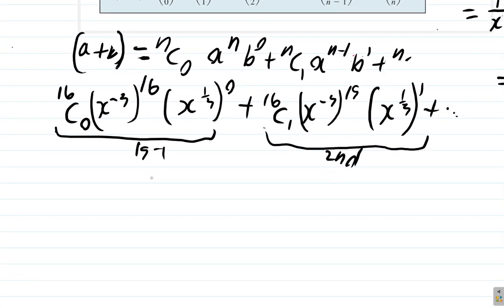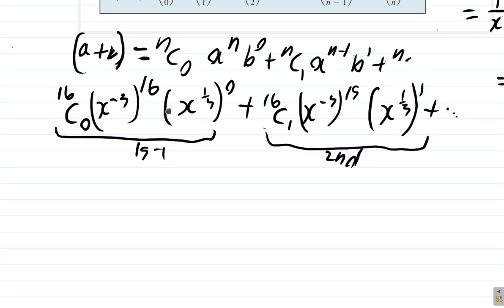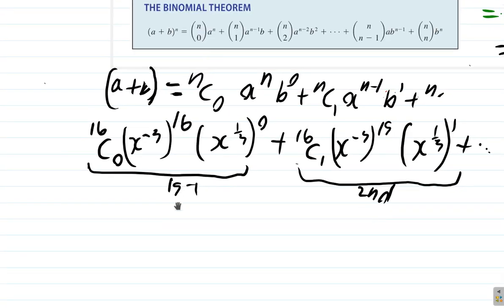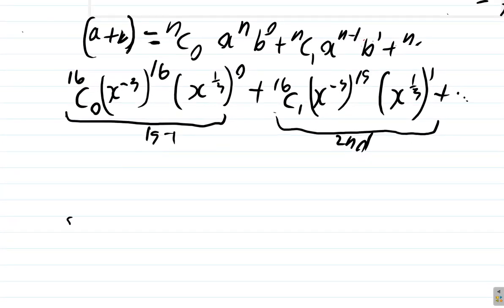Now, here, we can start to see a certain pattern. The first term has 16 C, second term has 16 C. So that means the 8th term will have a 16 C. Now, the first term has 16 C 0.